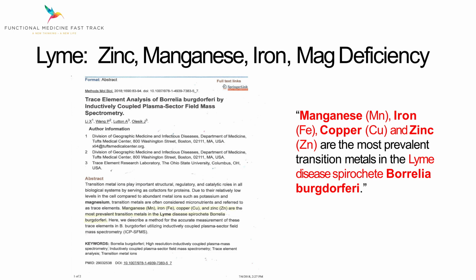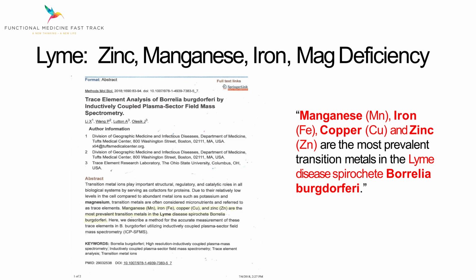So the next thing to think about with these spirochetes is what they tend to do: they consume your tissue. They primarily consume collagen, and along with collagen and disrupting your immune system, zinc, manganese, iron, and magnesium become deficient.